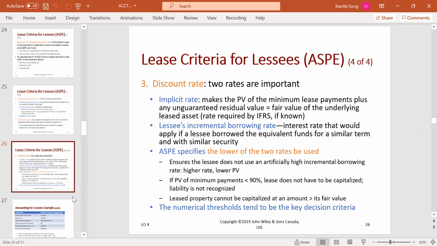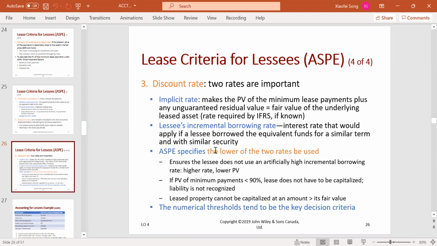And a little explanation as to why we specify the lower of the two rates to be used. The lower the discount rate, the higher the present value, right? And if the present value exceeds 90%, it's capitalized.